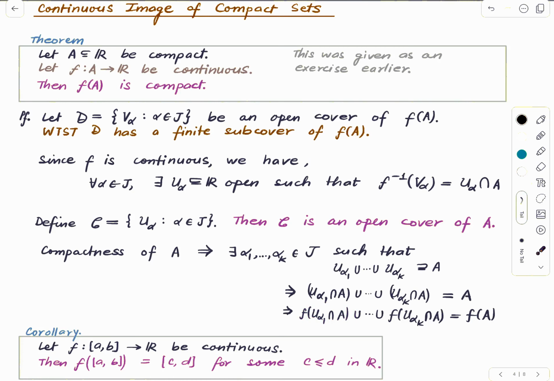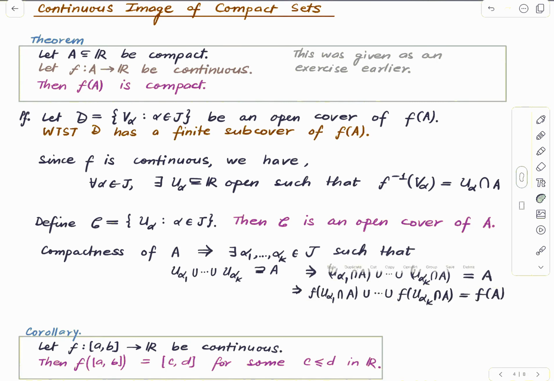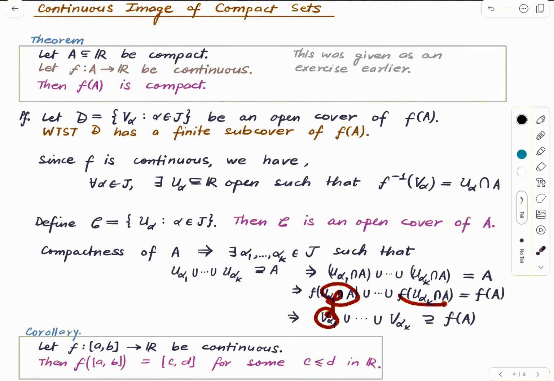So I don't seem to have enough space. How do I do this? Right? So each of these guys is contained in V alpha 1, and so on up to V alpha k, just by virtue of that equation. So this implies that this contains f of A. This is contained in V alpha 1, that is contained in V alpha k.